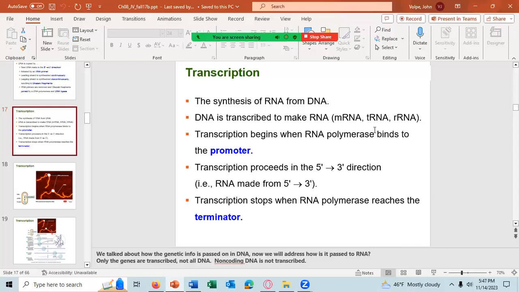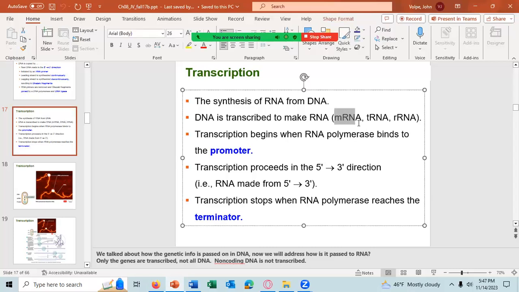If the gene codes for a protein, and most genes do, then the DNA will be transcribed as messenger RNA. However, if the gene codes for tRNA, then the DNA will be transcribed as tRNA. And if the gene codes for rRNA, then the gene will be transcribed as rRNA. Any question about any of that?